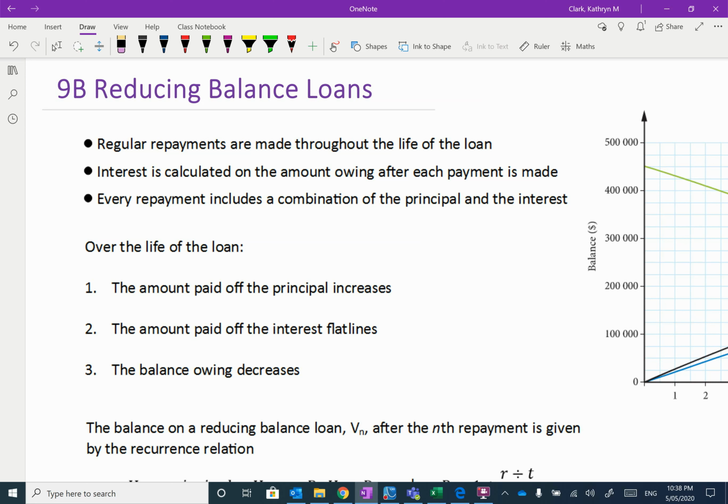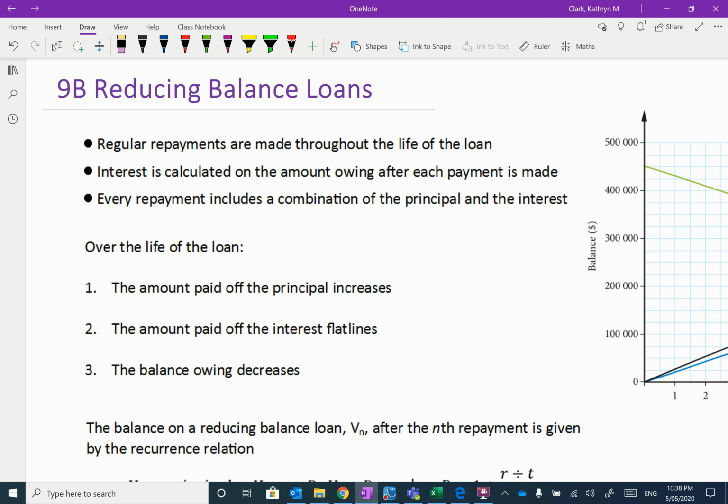So reducing balance loans take into account those repayments that you are making. Your loan still earns interest that you have to pay back. Again, this is how the bank makes its money, but your repayment then pays off part of that interest along with part of the principal.